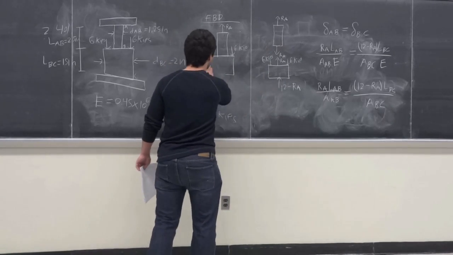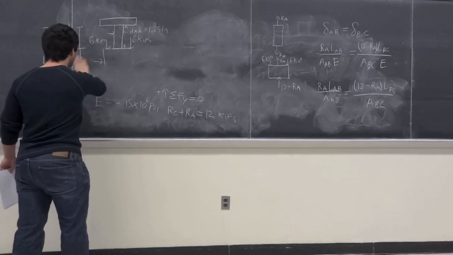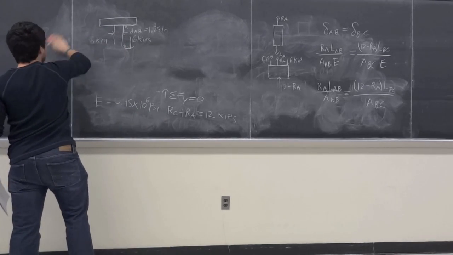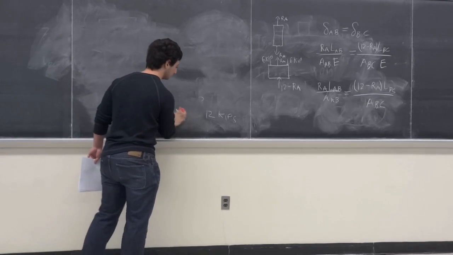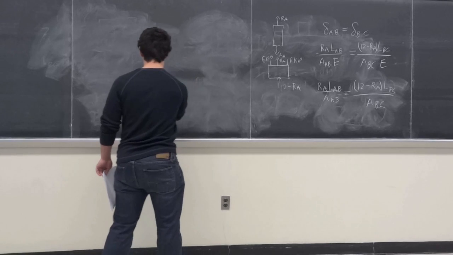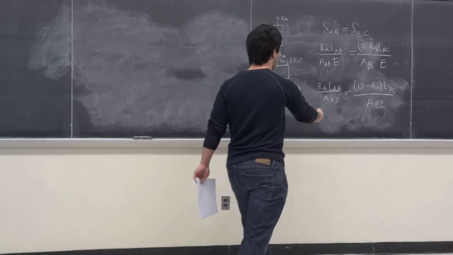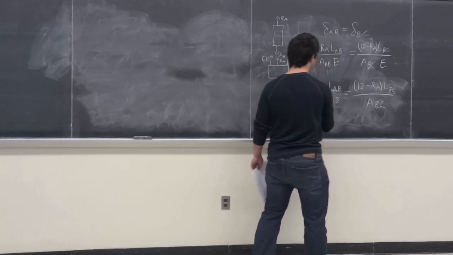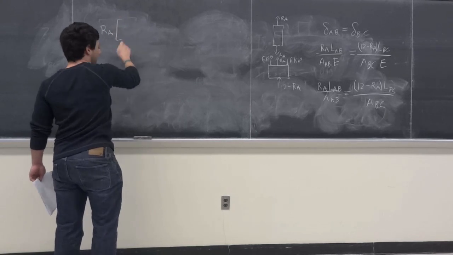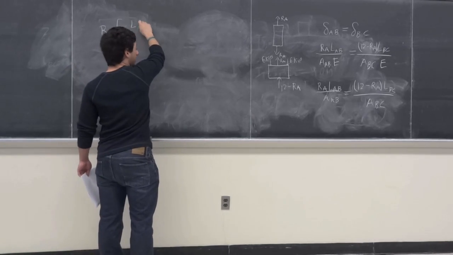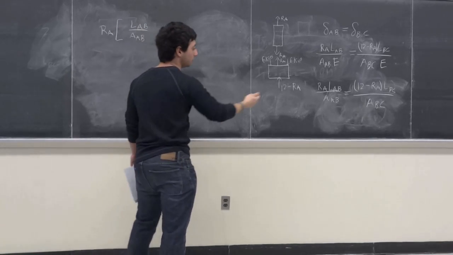And I'm going to erase this part of the board now. All right. Okay. So we're over here right now. What we want to do is move RA to the left side. So you have RA multiplied by LAB over AAB, and then you're moving that to the other side.